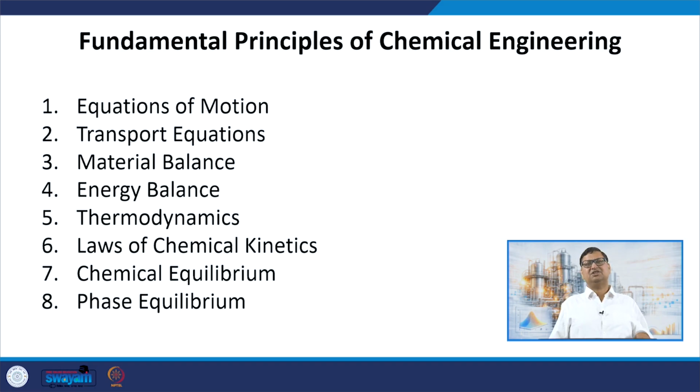Then you have transport equations: momentum transport, thermal or heat transport, and mass transport, typically taught in a transport phenomena course, or as part of fluid mechanics, heat transfer and mass transfer courses. Then one thing that is common in almost all the courses you have taken in undergrad chemical engineering is the idea of material balance and energy balance.